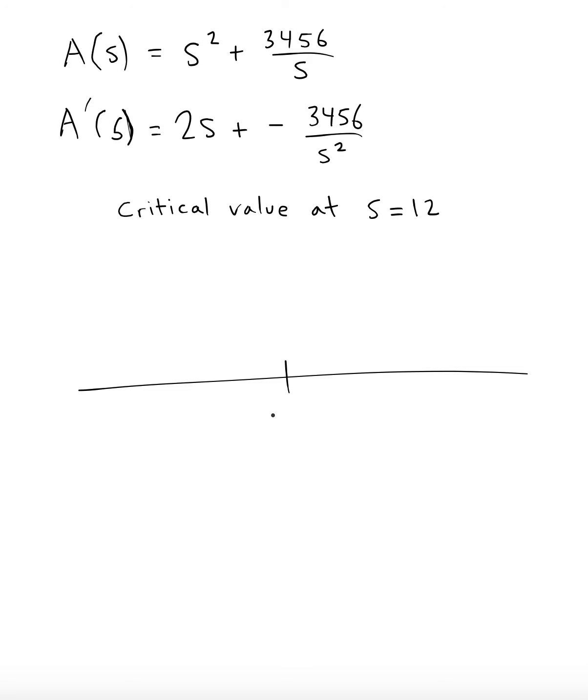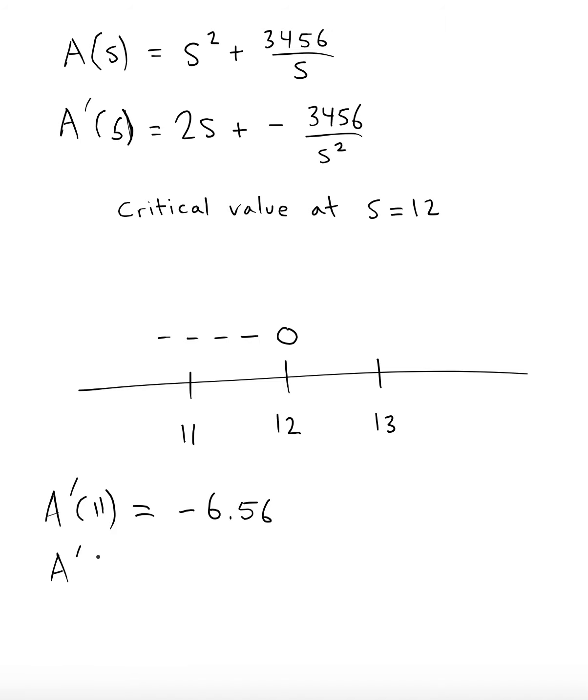So let's just go ahead and put that 12 down. And then we can try 13, and let's try 11. So A prime of 11 is approximately negative 6.56, so we have a negative slope there.